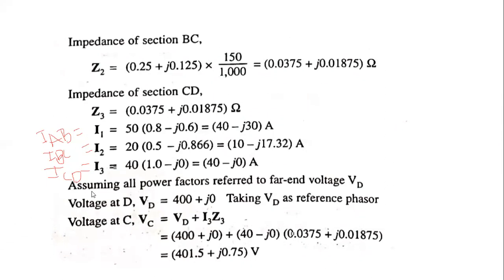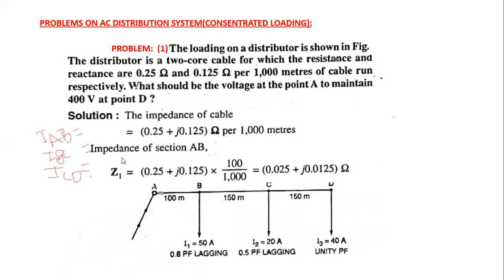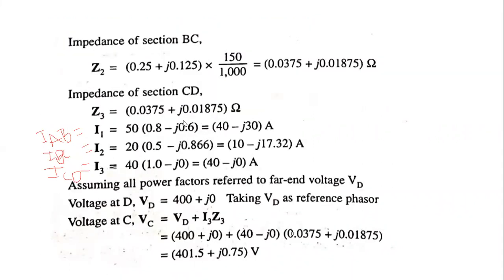Assuming all the power factors refer to the far end voltage. We have two conditions in the case of DC distribution systems, and the two cases were discussed in the previous classes with phasor diagram also.